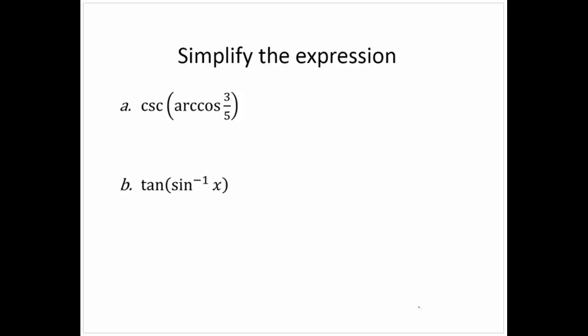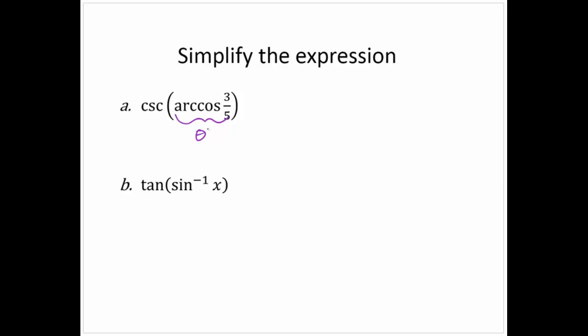Now, what if we were asked to evaluate or simplify the expression cosecant of arc cosine of 3/5? What we generally do here is think of this arc cosine of 3/5 as some angle measure. So I draw an angle whose cosine is 3/5.